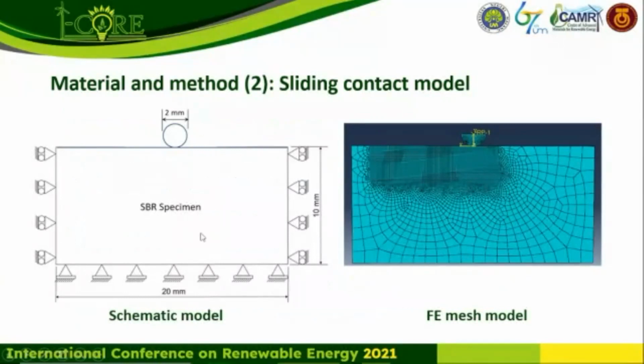Here is the figure of the schematic model of sliding contact and the finite element mesh model. On the left side is the SBR specimen, the rubber. Its boundary condition at the bottom cannot move in the horizontal or vertical direction. The left side and the right side can move in the vertical direction. On the right side is shown the meshing of the finite element model.